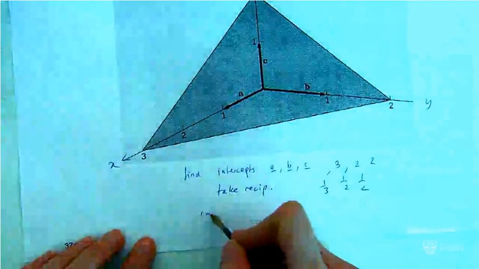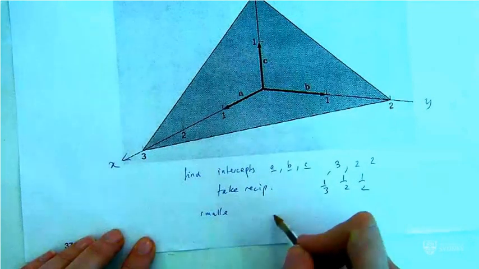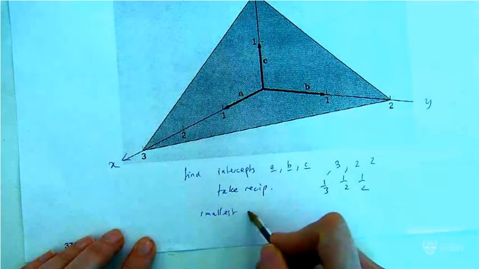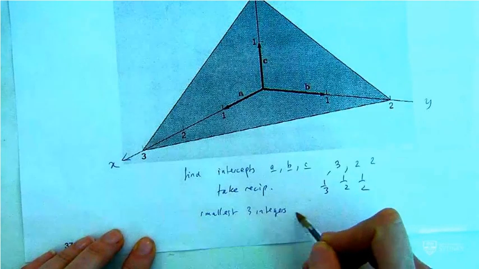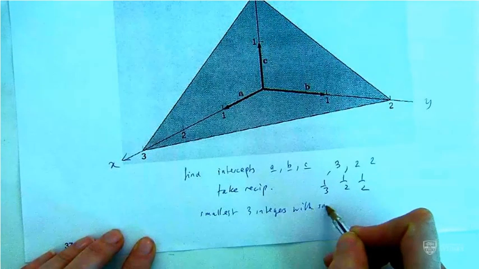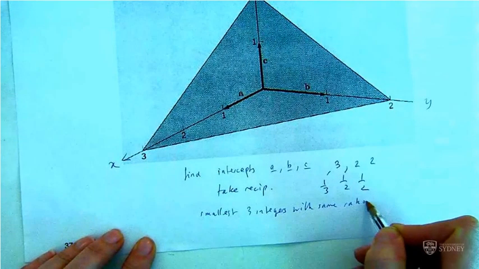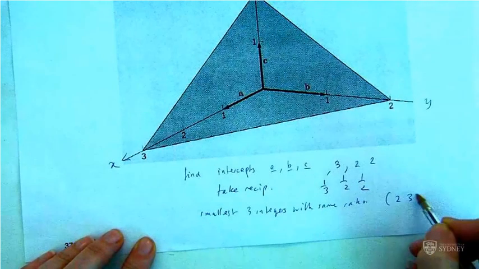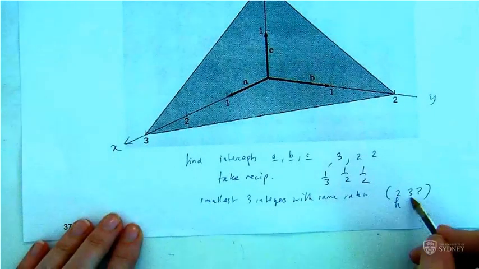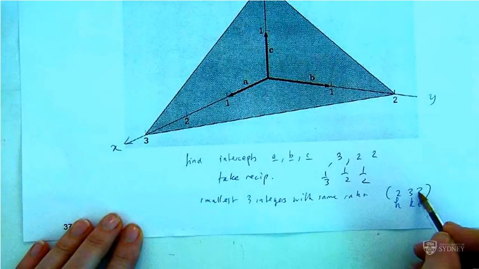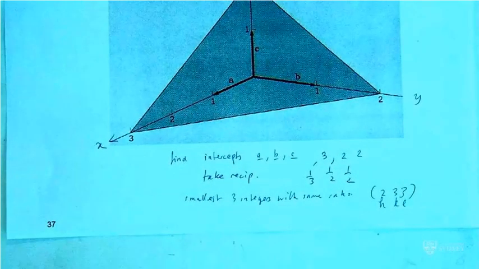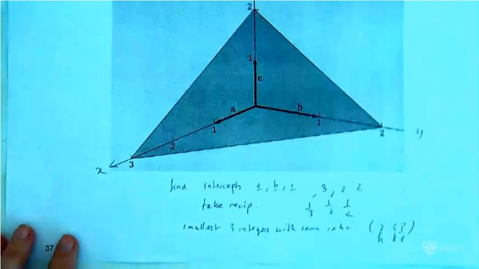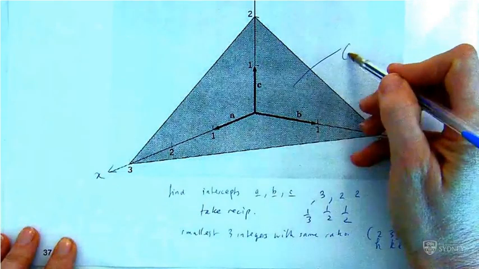I heard somebody... Yes. Good. H, K, L. That's a bit messy. Yeah, good. So this plane is labeled the 2, 3, 3 plane.